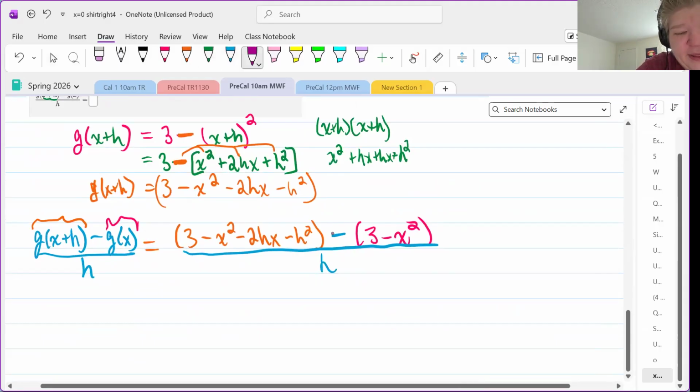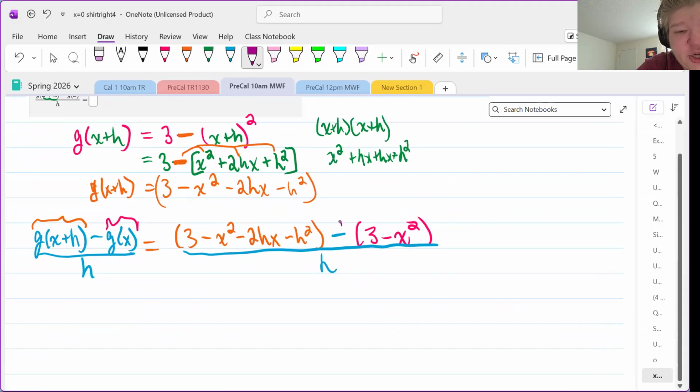Now on top, this minus g of x creates a distribution. It always creates a distribution here, but if you forget to write your parentheses, you won't see that the second term and any of the other terms need to have their signs changed. So this is another really easy place to make a mistake. Now the parentheses where I substituted in g of x plus h, there's nothing outside the parentheses there.